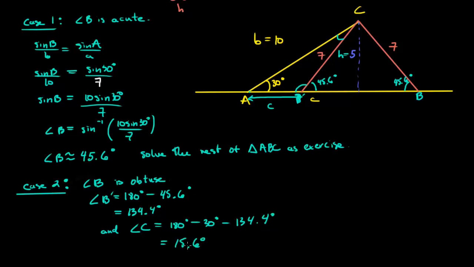So these are the two cases, and then we could go through and solve for side C right here, but I'll leave that for you as an exercise as well.